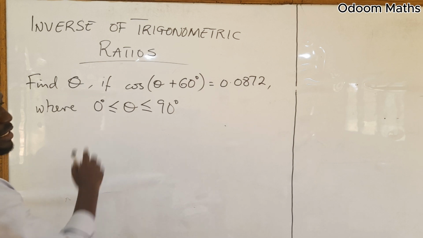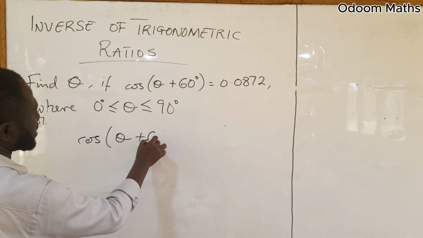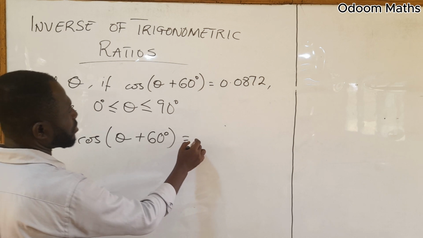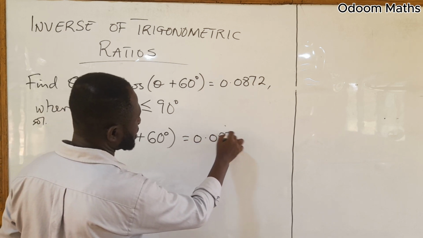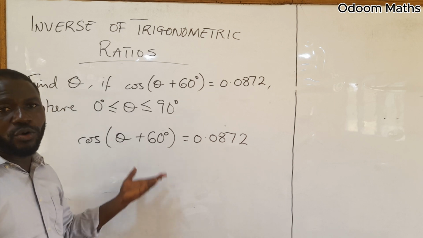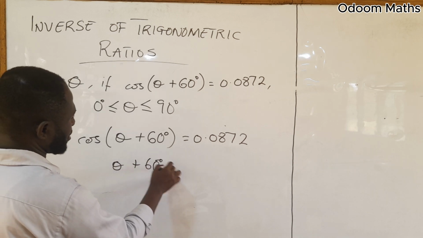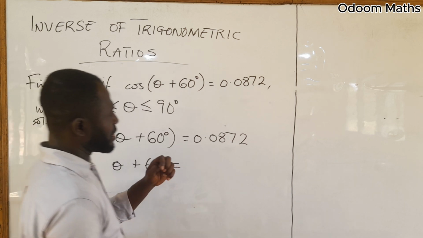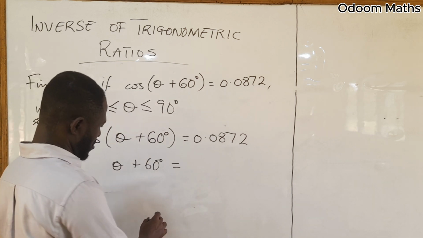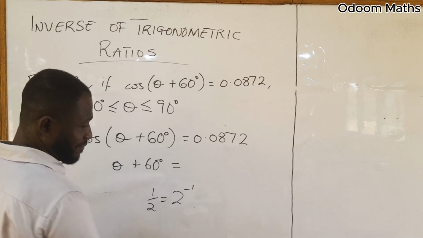Now let's look at this example. Cos of theta plus 60 degrees is equal to 0.0872. Like I said earlier, we can divide through by cos. So theta plus 60 equals, now when you have 1 over 2, it's the same as 2 to the power negative 1.